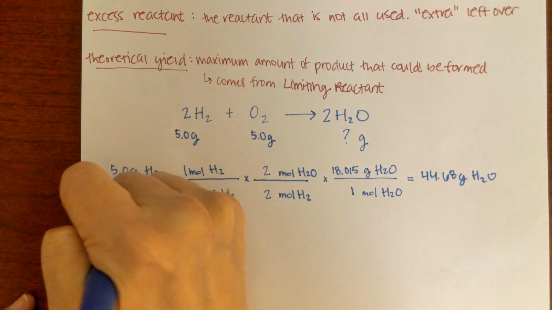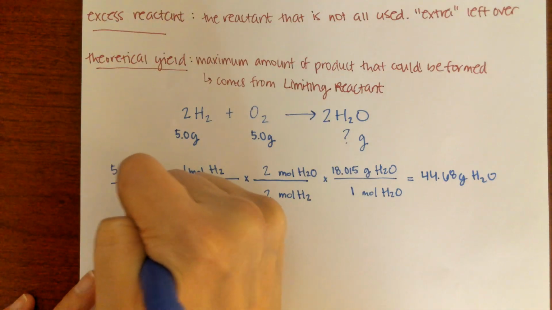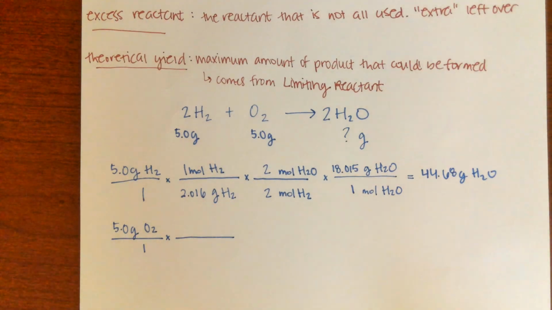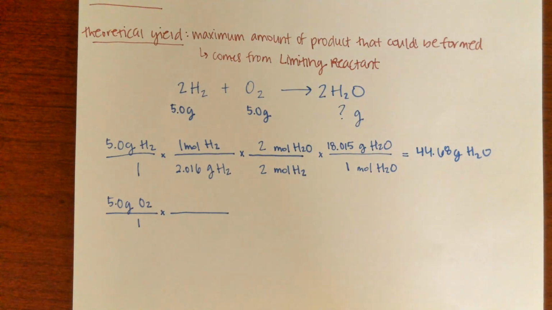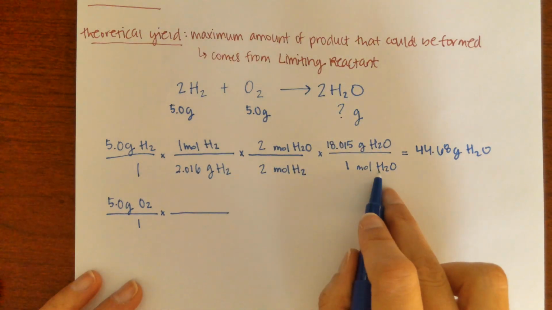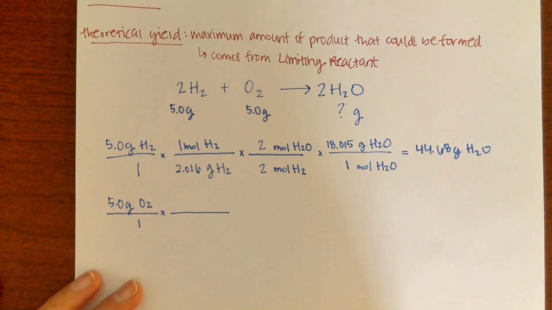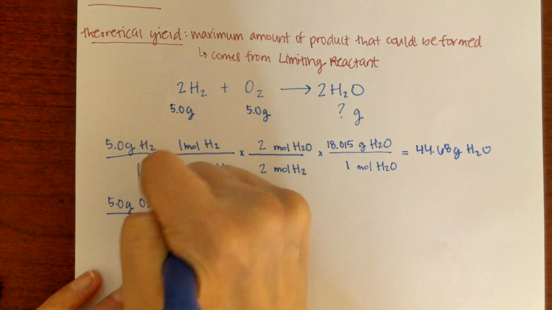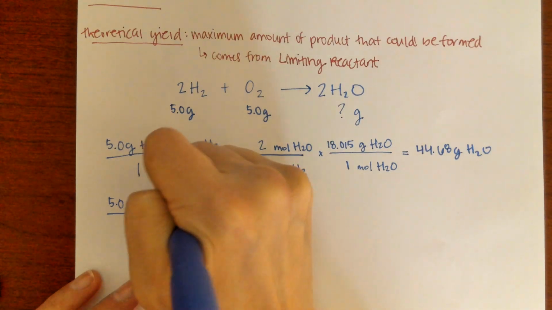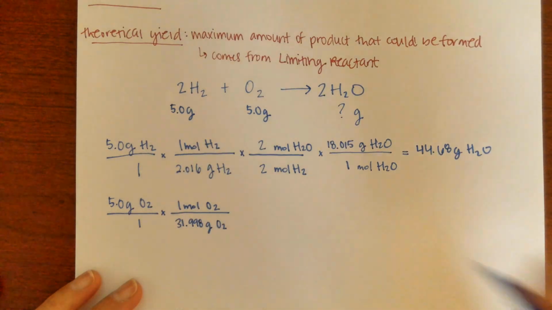So we're going to do the same thing here using 5 grams of O2. And we're going to solve for grams of water. So the only difference is basically this part will stay the same, except the mole ratio and the mass of oxygen, obviously. So the molar mass of oxygen gas, or O2, goes on the bottom, and then 1 mole of O2 goes on top.